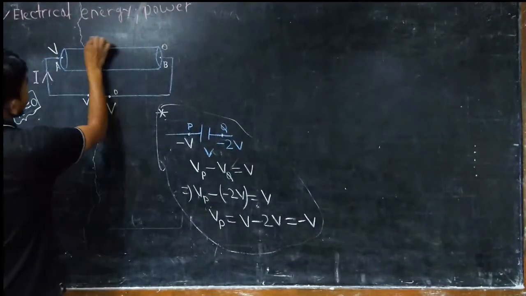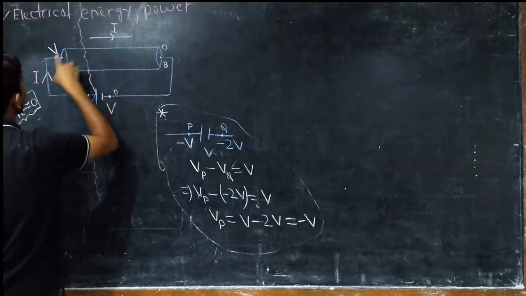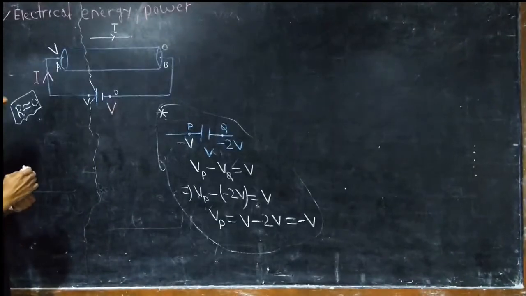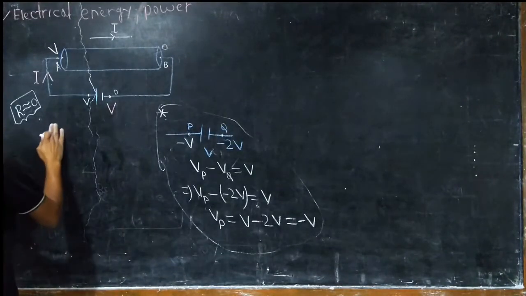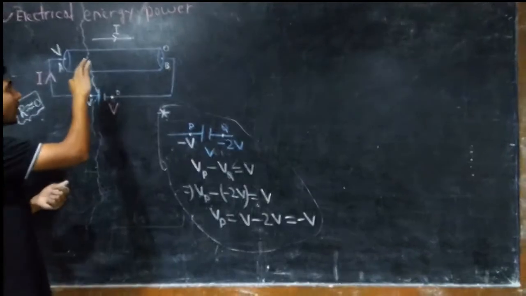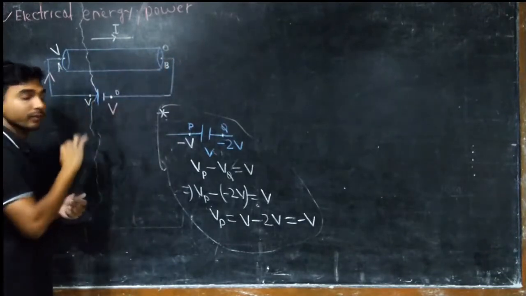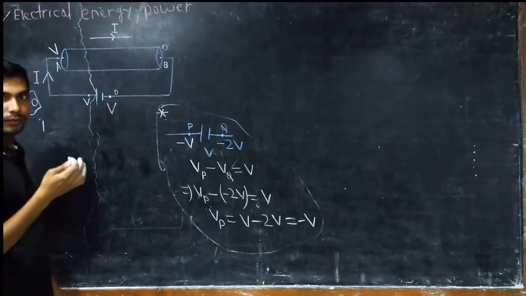Now current is flowing in the battery. How much current is flowing? Current I is flowing from A to B, so some charge is going from this side to that side, because current is basically the flow of charge, right?